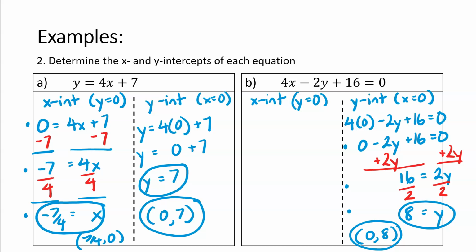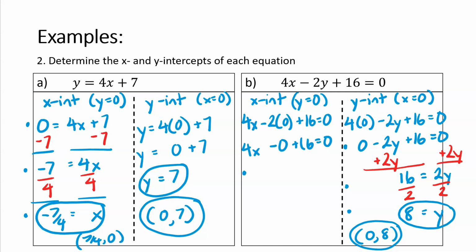For the x-intercept, that occurs when the y value is 0. So here we'll solve for x after we make the y value 0. So we'll have 4x minus 0 plus 16 equals 0.